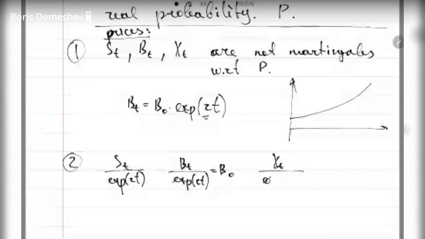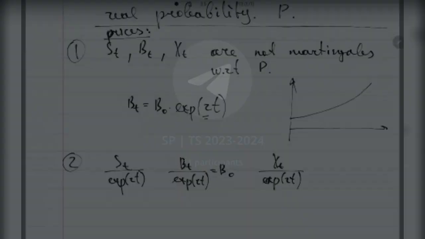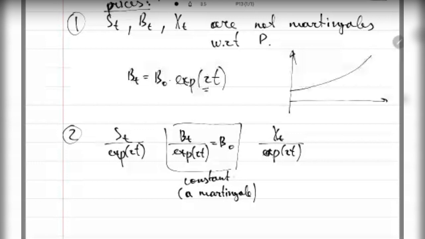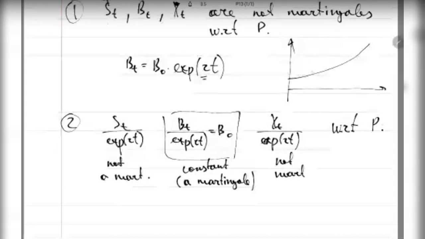Then we discount them all, and now things are better. The bond is a constant, hence a martingale. But these two, S_T and X_T, are not martingales if we calculate them with respect to P.